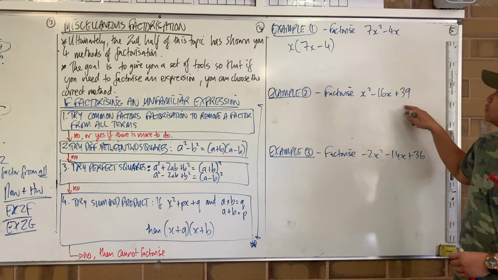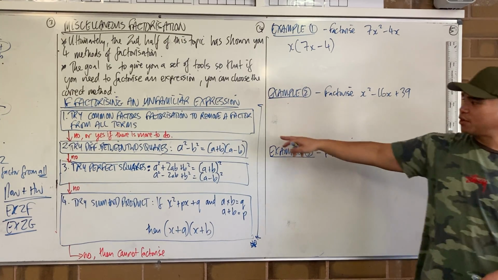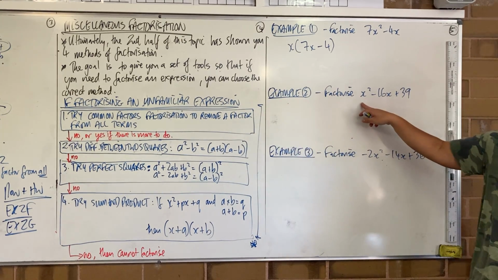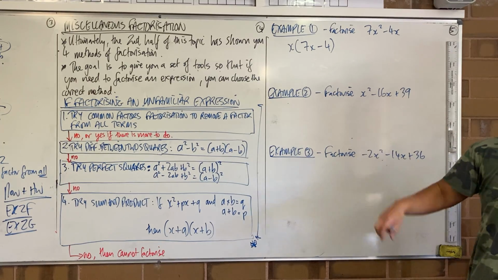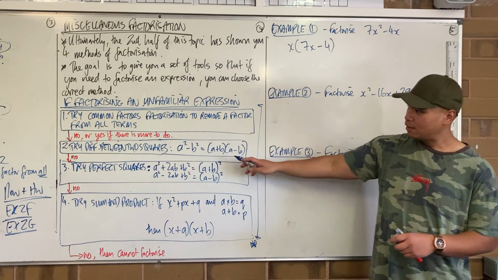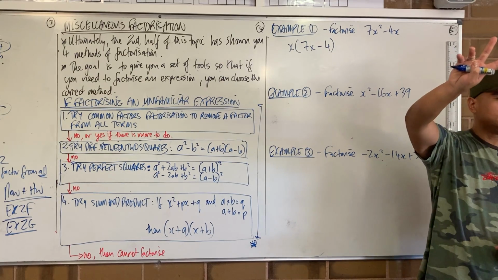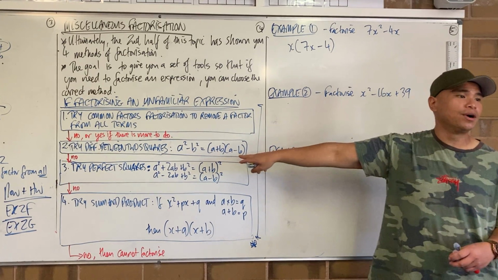This one here, I'm just told to factorize this. I don't know which way. Try common factors. Is there anything common to x squared, -16x, and 39? No, because 39 doesn't have an x in it. So scratch that. Can I try difference between two squares? Is it only 2 terms? No, so difference between 2 squares is not going to work.